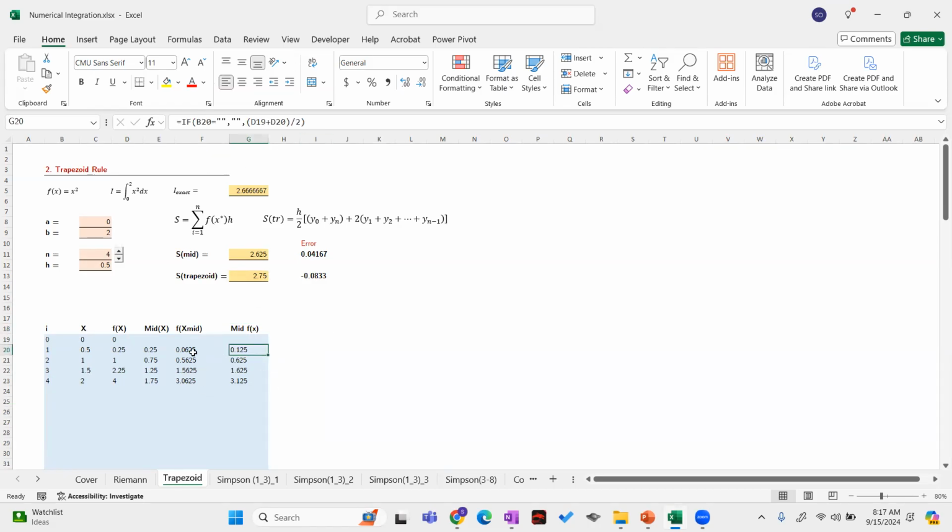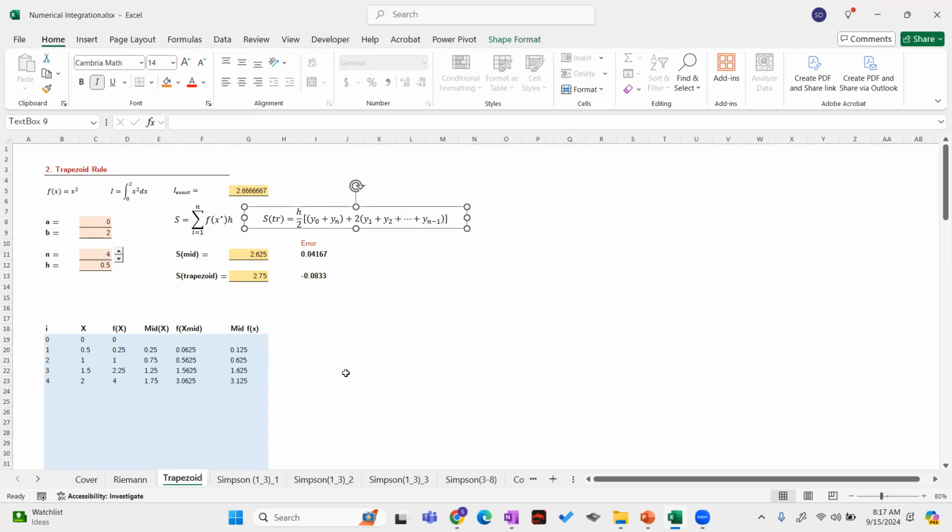So what I've done is, for the first interval 0 to 0.5, take the average of y0 plus y1, which is 0.125. Average of these two. Then for this interval, take the average of these two, that's here, which is the height. Like that. And you can also use this formula.